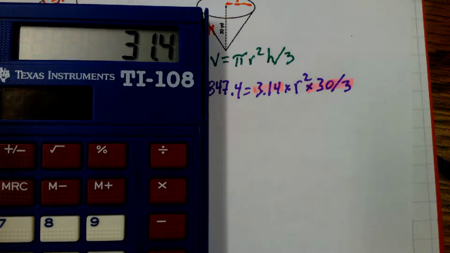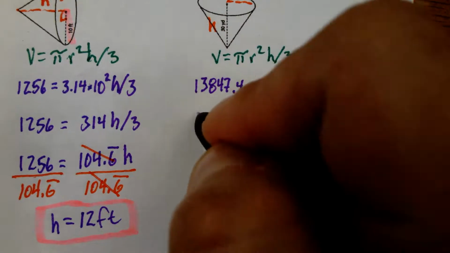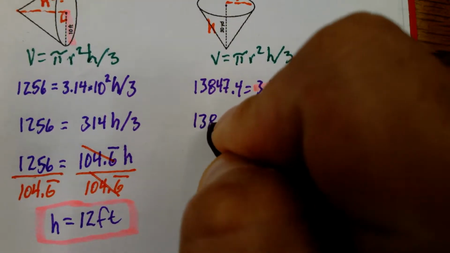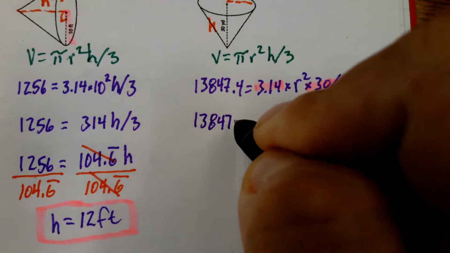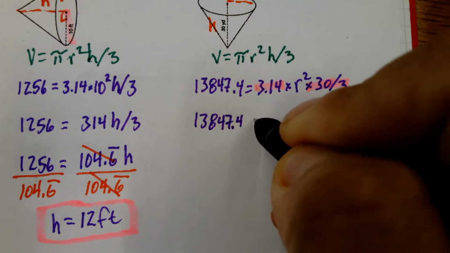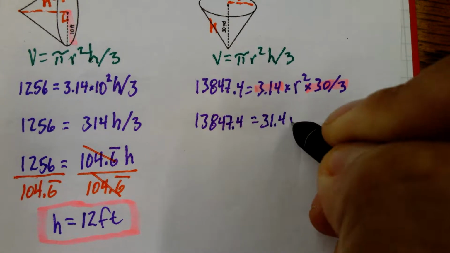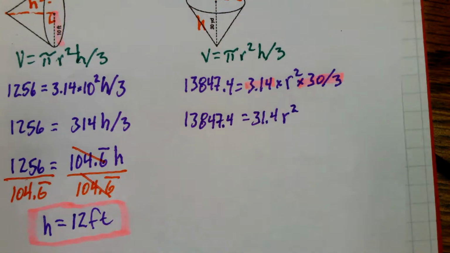So all of that becomes 31.4. And we still have r squared, unfortunately.